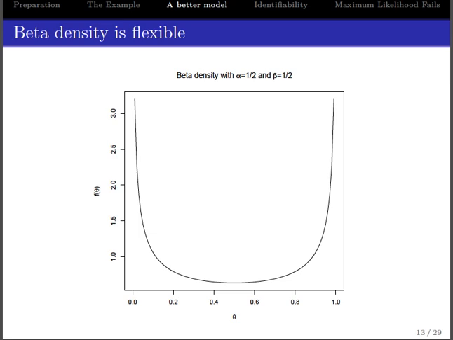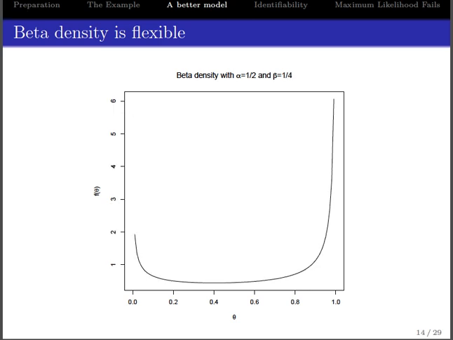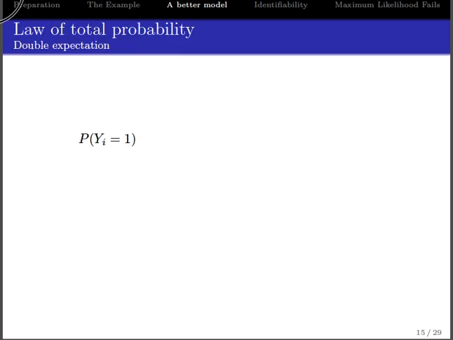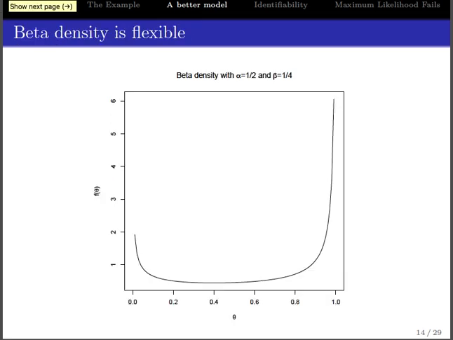And if you let alpha and beta be less than 1, then you can even get a U-shaped density for the beta, and many other shapes, but not multimodal. Well, except to the extent that these U-shapes are bimodal, because they've got a mode at each end. Still, it's a lot of different shapes.